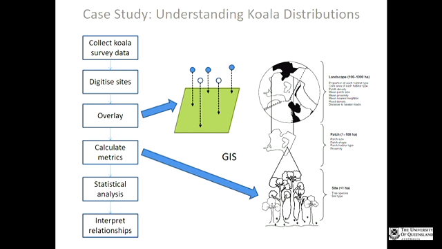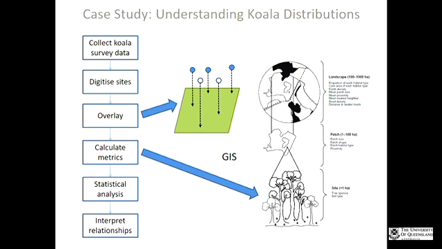So we digitized our sites with the information on whether koalas were present or not, and then because we had that spatial information, we were able to do something called an overlay, and you'll learn what an overlay is over the next week or so, which basically says, let's look at the spatial representation of those sites and then try and intersect it with the locations of these layers of data.